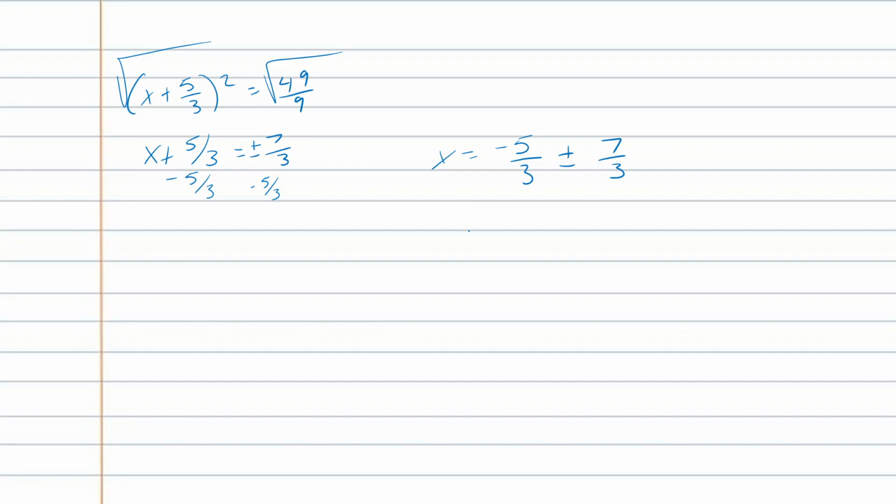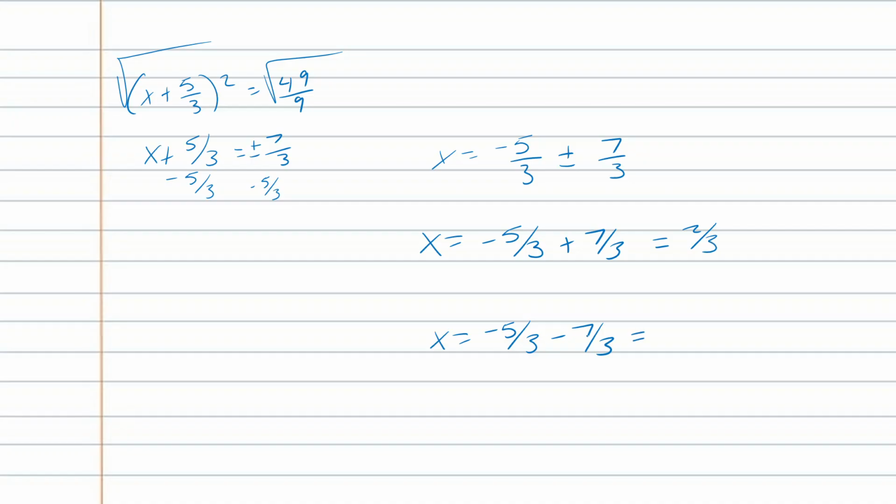Okay. Now, that is two answers. So I'm going to go ahead and split it into two answers. That is x equals negative 5/3 plus 7/3, and that is x equals negative 5/3 minus 7/3. Now this one reduces to 2/3.